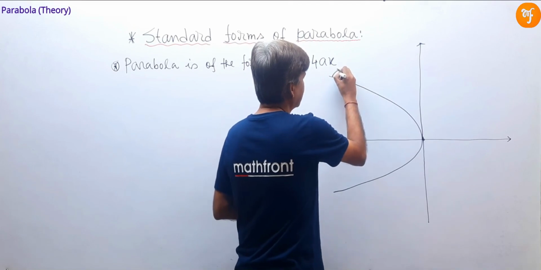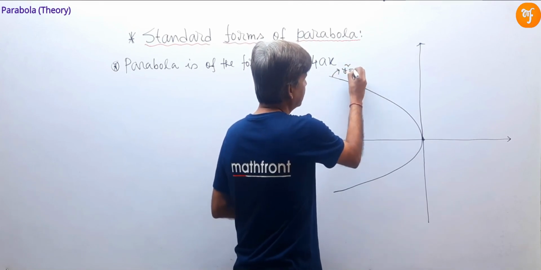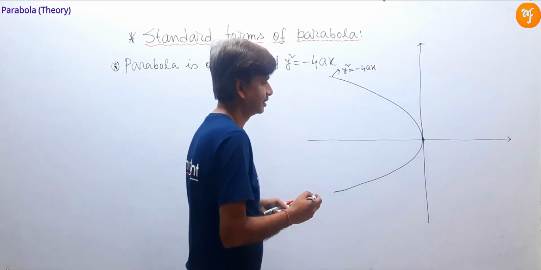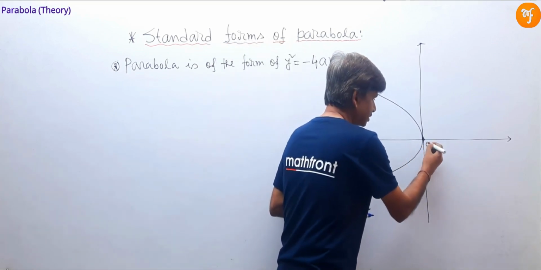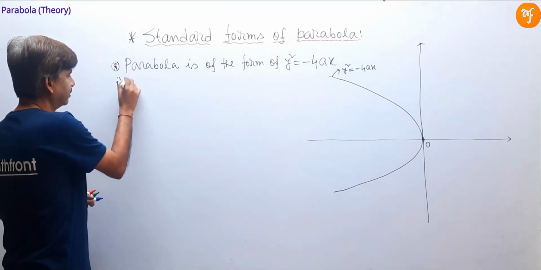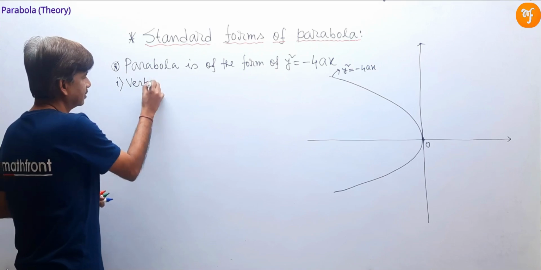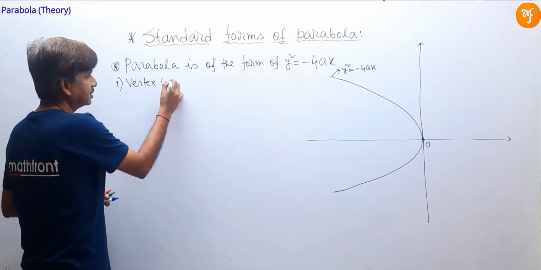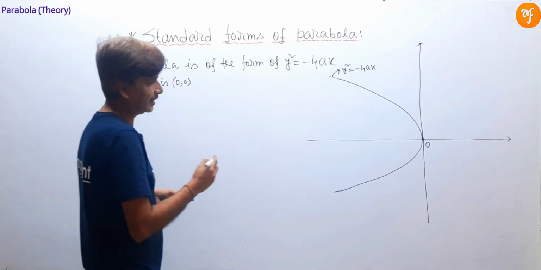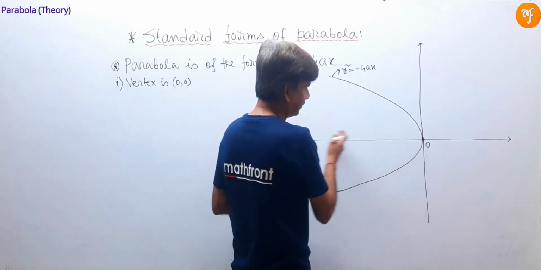The equation of this parabola is y square is equal to minus 4 into a into x. So vertex is at the origin. So in this case also we will write number 1, vertex is 0 comma 0. Okay, the axis is the negative x-axis.